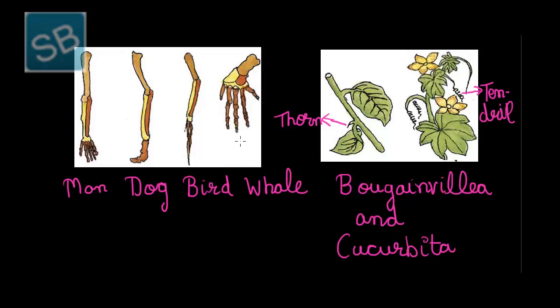These are the examples of homologous organs: the organs present in man, dog, bird, and whale. These possess morphologically similar structure but are different in functions.